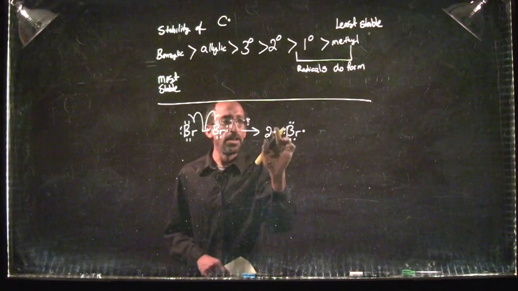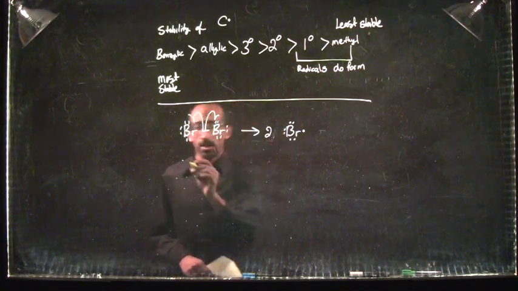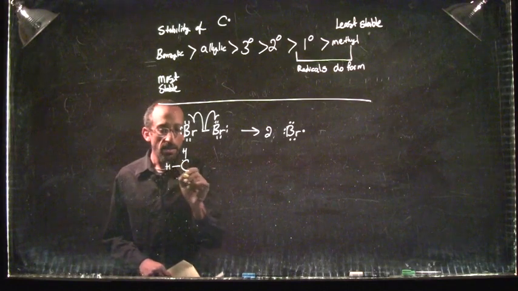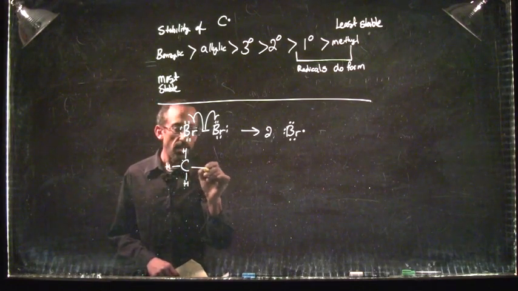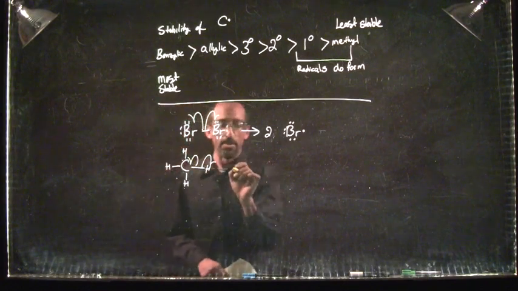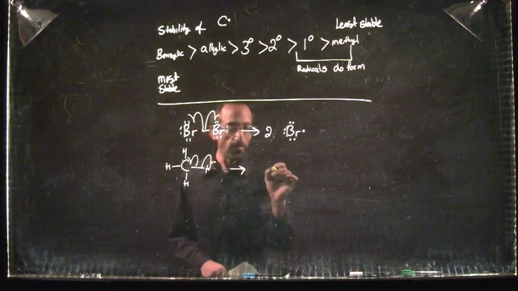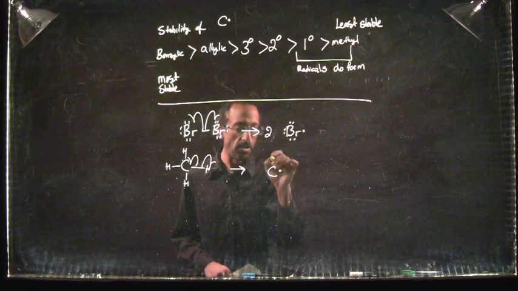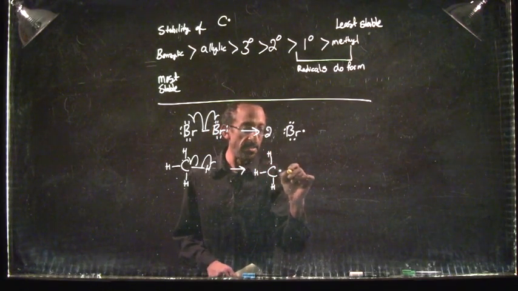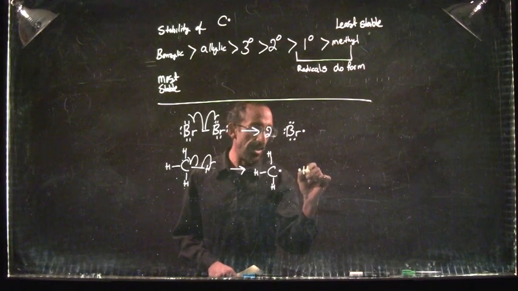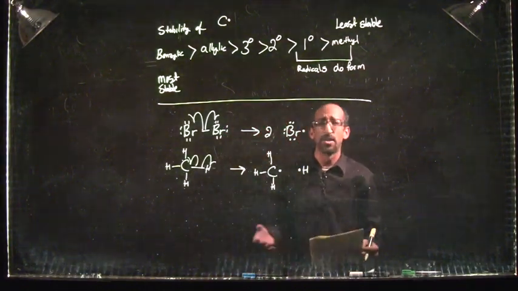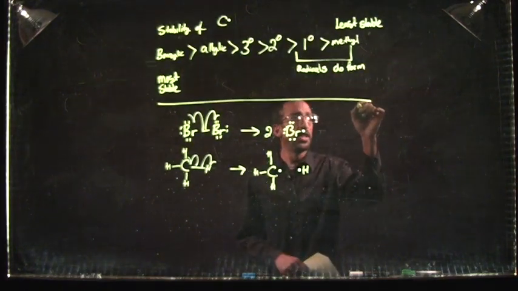And we're also going to look at taking methane homolytically breaking one of the two carbon-hydrogen bonds to form a carbon-centered radical and a hydrogen radical.